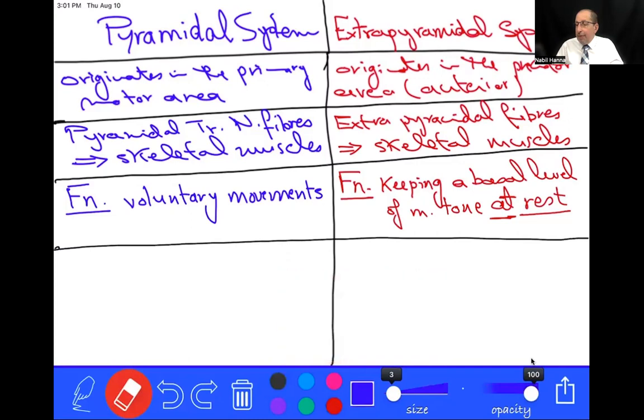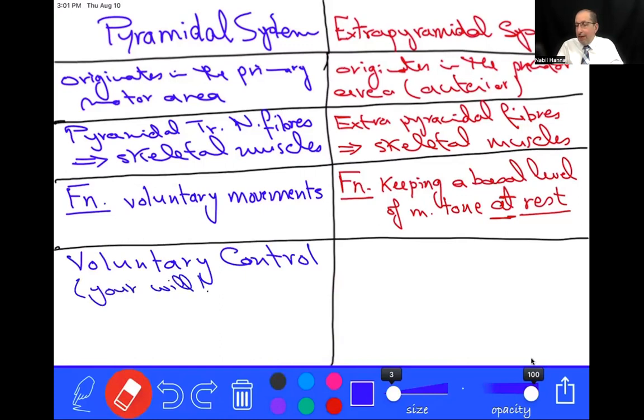The pyramidal system is under voluntary control. What controls the pyramidal system? Your will. You want to move, you're willingly controlling your voluntary pyramidal system.